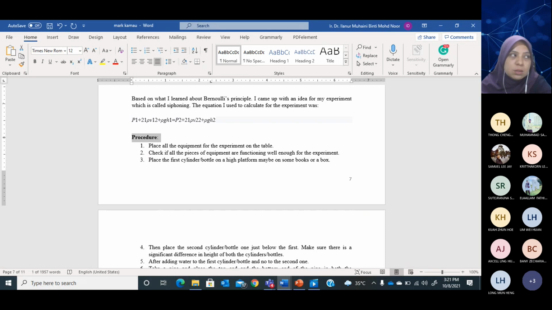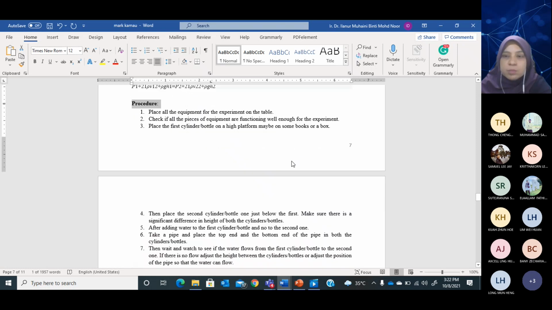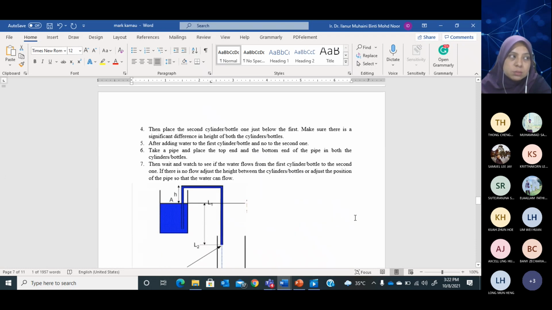What is wrong with this procedure? Anyone can detect? It needs to be in past tense. This one is all present tense: check if all the pieces of equipment are functioning well, and so on. If you don't know how to write the procedure statements, go and find them in any books or on the internet.